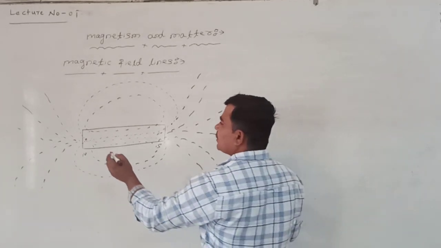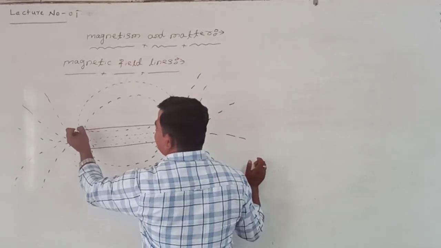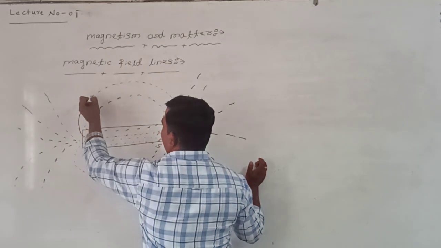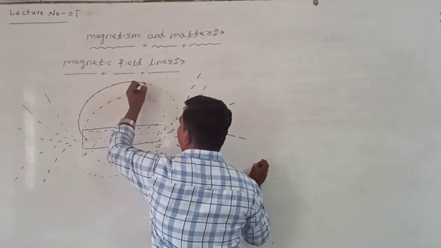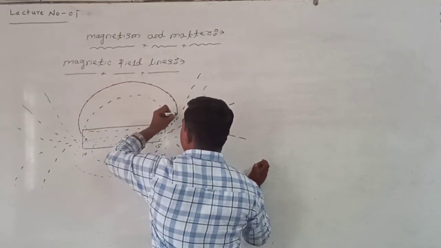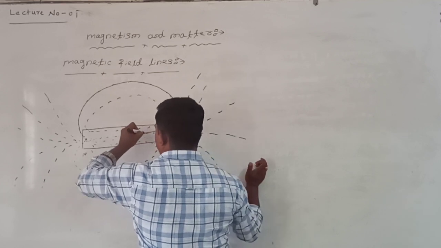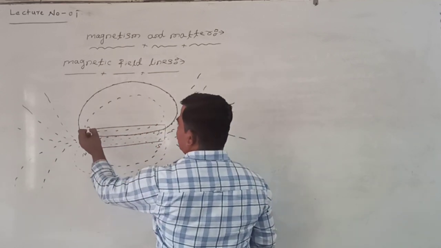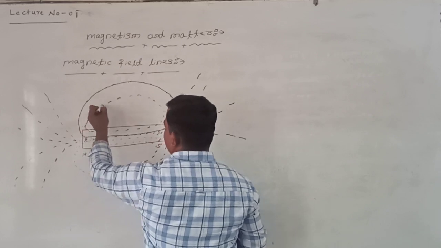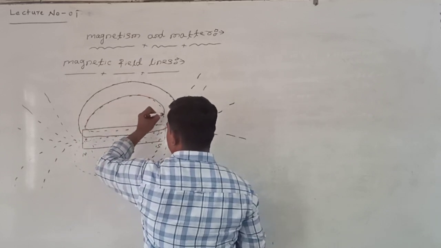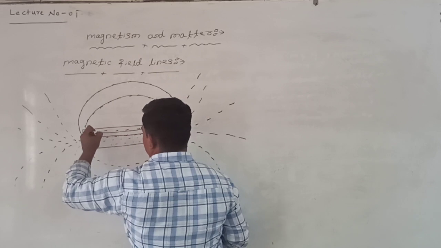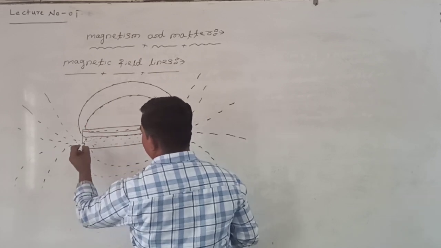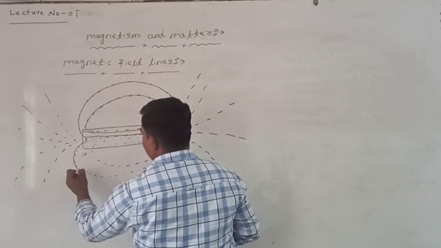How? Let us join. Shall I join all these lines? If I join these lines, these represent magnetic field lines. Are you following me? This one represents magnetic field lines, this one also represents magnetic field lines.